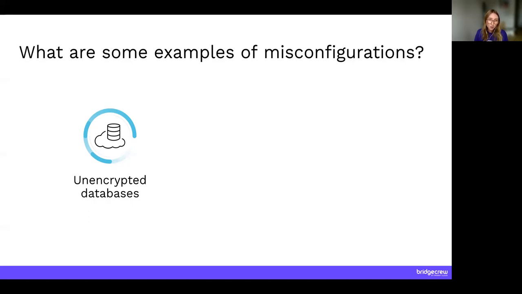So unencrypted databases, about 43% of cloud databases were not encrypted, which of course can leave important customer data at risk. About 60% of cloud storage services had logging disabled, which of course can make it difficult to review audit trails in the event of a security-related incident, just some general best practice to have.